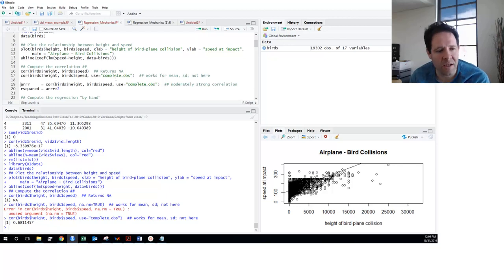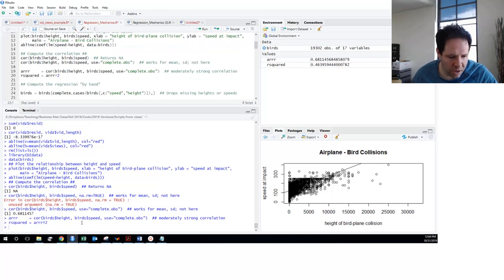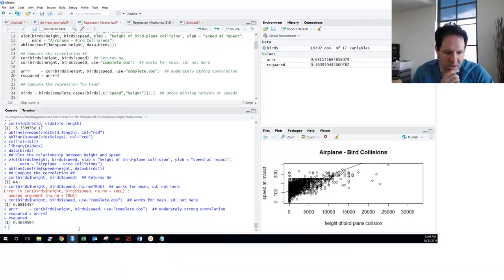If you square that, you get a moderately large number. You square it, you get 0.464. That means 46.4% of the variation in speed at impact is explained by the linear relationship between speed at impact and the height of the bird-plane collision.